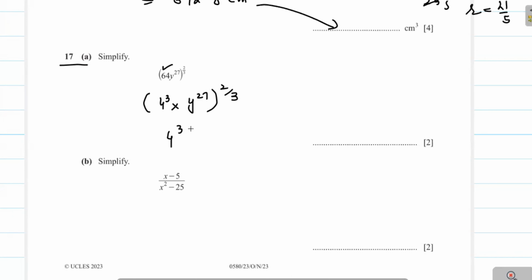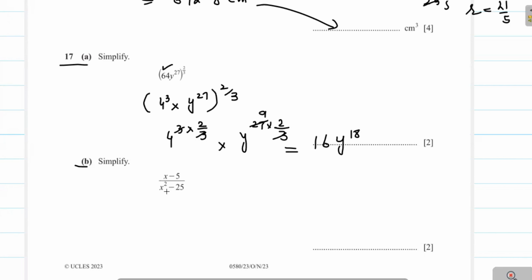Therefore, 4 power 3 multiplied by 2 over 3, over 27 power 2 over 3. Now that value would be equal to 4 squared, which equals 16, and 3 times 9 is 27, 9 times 2 is 18, so over 18. Therefore, we write here 16 over 18.